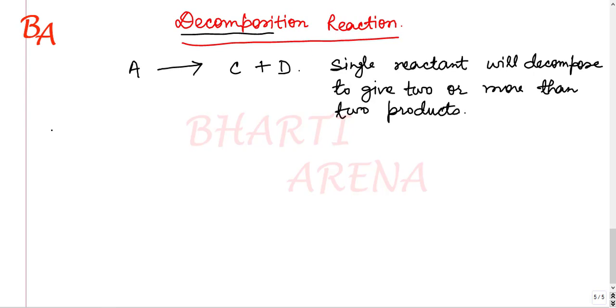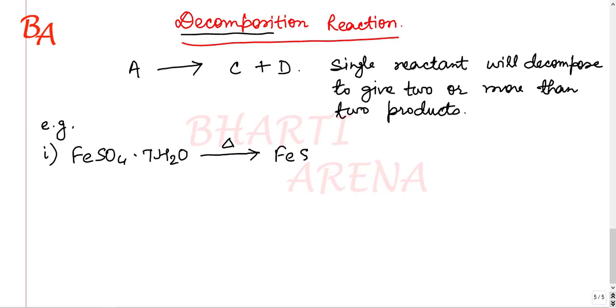Now we will see a few examples of decomposition reaction. First, iron sulfate in the crystal form, when heated, will give iron sulfate solid and water in the gaseous form.